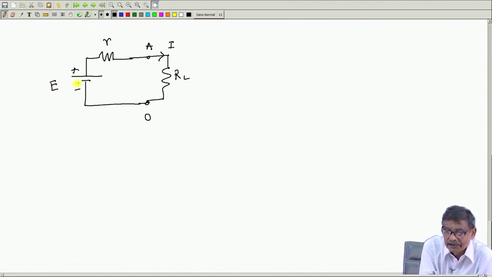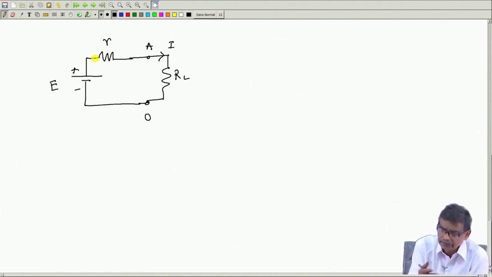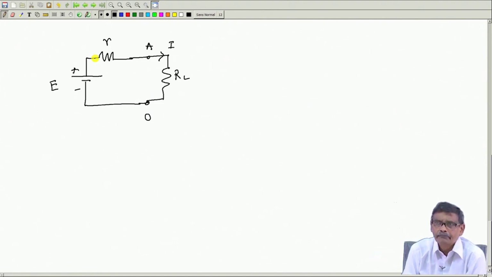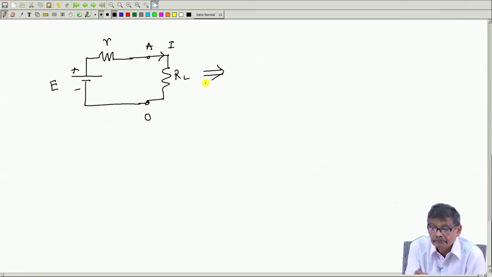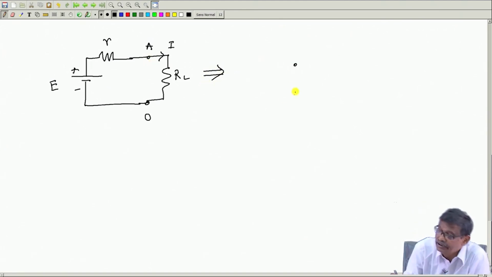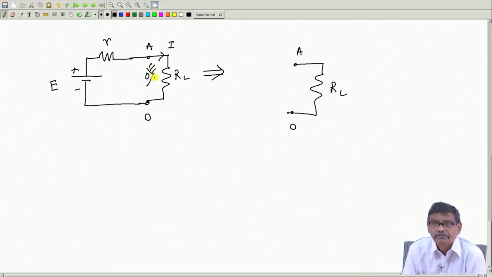What are the things known? Battery, this EMF is known, internal resistance is known. What I am telling, okay, you live with it, you get everything correct, fine. But perhaps somebody thought it to look at it from different angle. He says that, oh, you are solving this circuit. Between A and O, he says, here is your RL, you are looking into this circuit, and you know it is a battery in series with resistance.